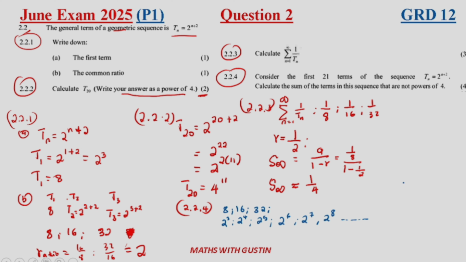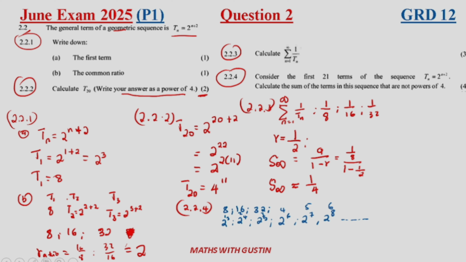Okay, so now what are they saying here? They are saying calculate the sum of the terms in the sequence that are not powers of 4. Okay, so if you have a look at this, this is term number 1, term number 2, term number 3, term number 4, term number 5, term number 6.